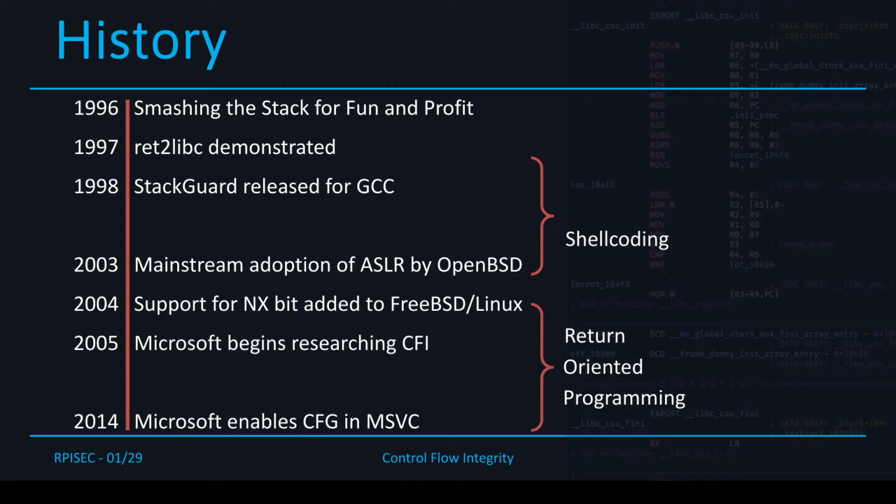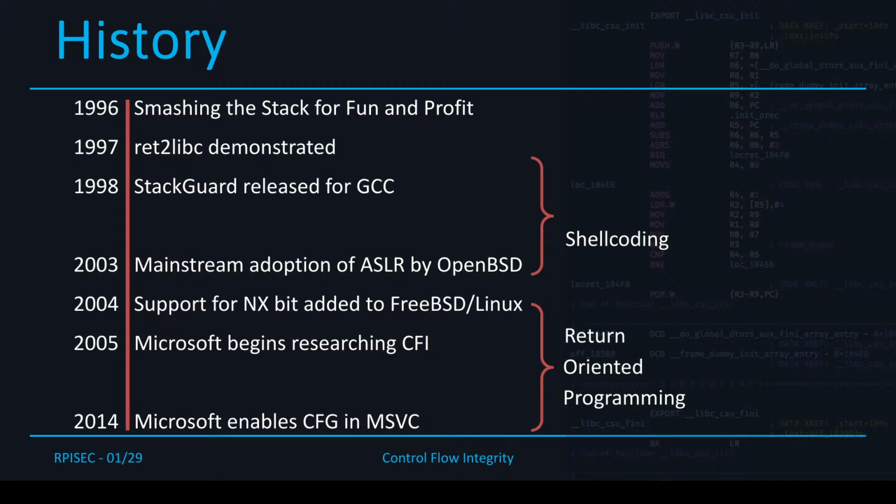And I couldn't figure out exactly when shellcoding was introduced. Shellcoding is just a basic form of injecting malicious code into a running process, into a binary. But I believe that it was somewhere within this time frame.